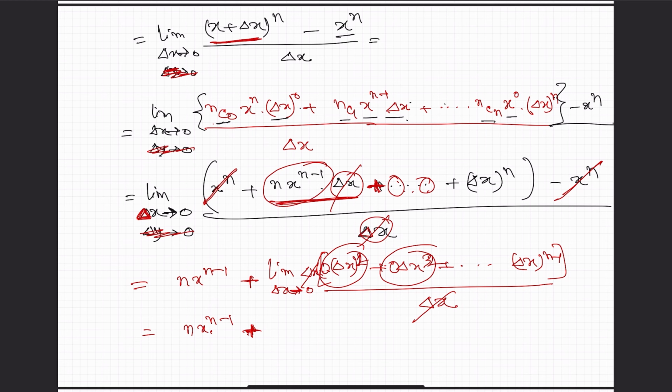So this thing will come or single out with an addition, and all the terms would be 0 plus 0 plus 0 and so on. So ultimately the only remaining term would be this.